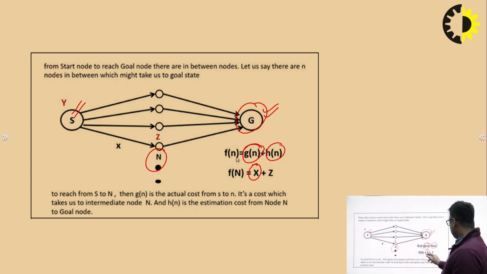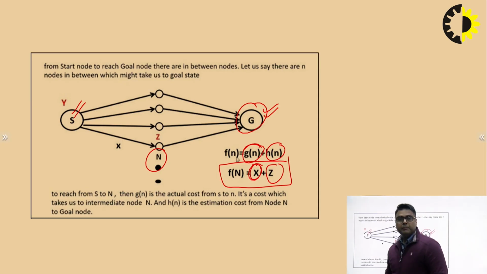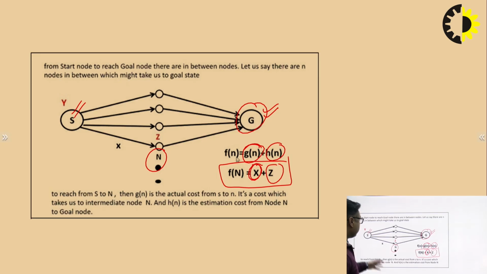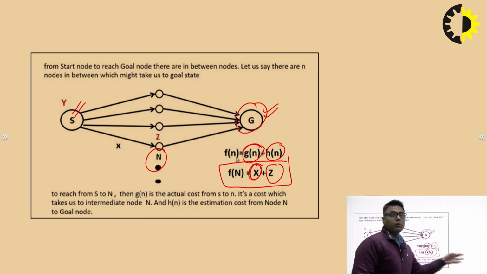Here the Gn cost is X and the Hn cost is Z. So total cost Fn is equal to X plus Z. X plus Z is my total cost to reach from the start node to the goal node.